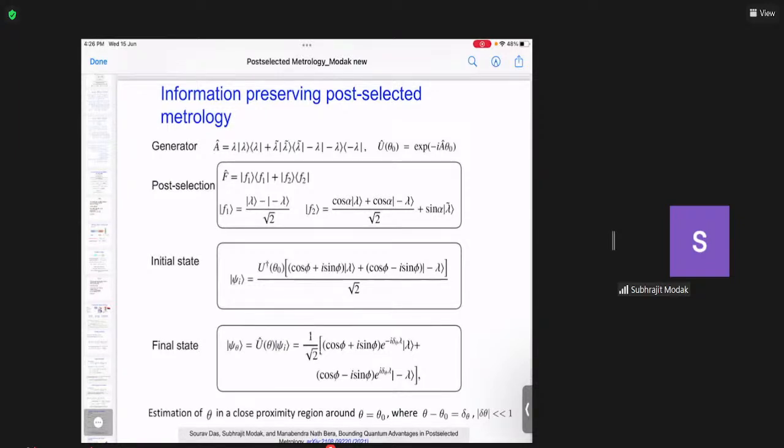I have written a generator, the post-selection, and the rank of the projector for the post-selection. What is the initial state? These are all chosen very carefully, keeping all the conditions maintained. And what would be the final states? You just have to apply a unitary operator onto Xi, so you will get the final states.